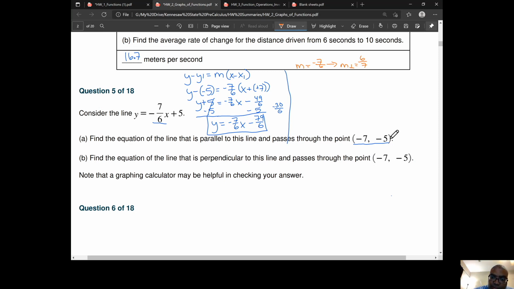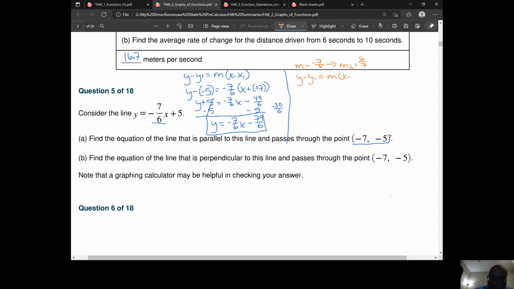So we do the same thing. y minus y sub 1 is equal to m times x minus x sub 1. I like to write the formula every time so I don't forget it. So I end up with y plus 5 equal to 6/7 times x plus 7.